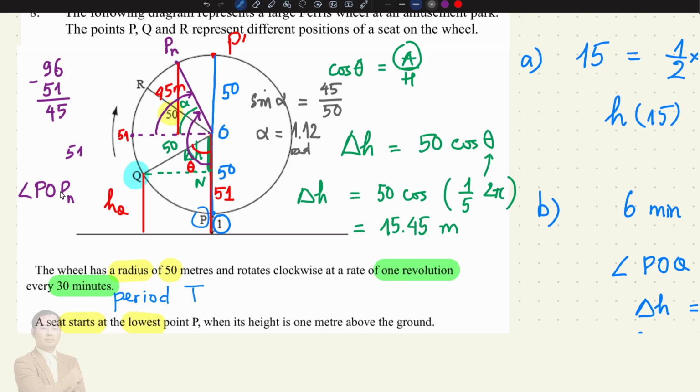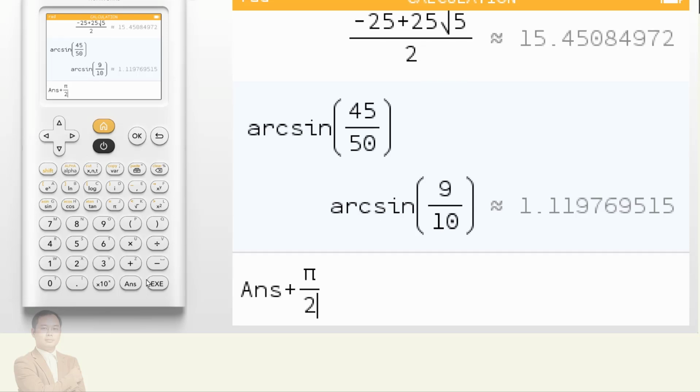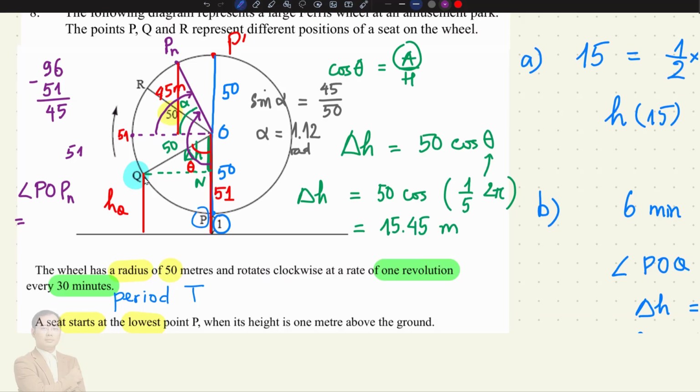And so the big angle that I want to find, POPN, is 1.12 plus 90 degrees, which is pi over 2. That is 2.69 radians. Note that this is radians, not degrees.